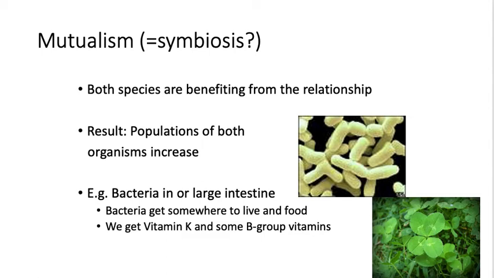If both species are benefiting, then the population of both species goes up, it increases. And an example of this one would be the bacteria in our own large intestine. They get somewhere to live and they get a source of food. We get vitamins from them, our B group vitamins and vitamin K. So that's mutualism, which, as I said, is the one that's most similar to the normal use of the word symbiosis in your general use of the word.